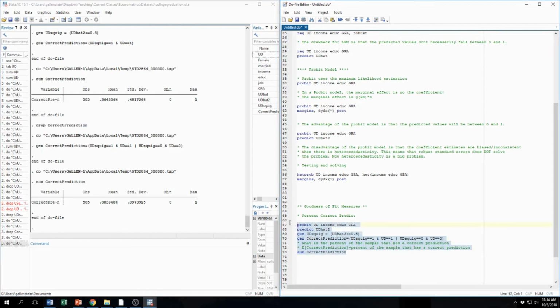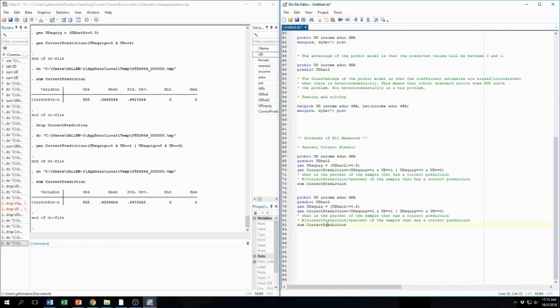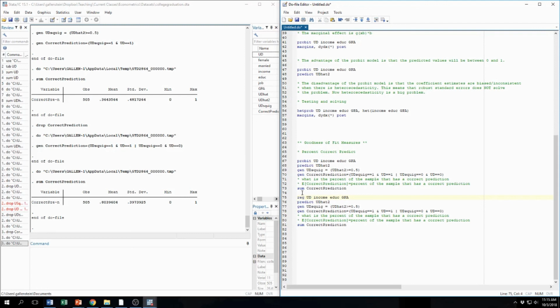We could repeat this all for the linear probability model and compare them. Let's do that for fun. All right, we're just going to repeat for the LPM, linear probability model. I'm just going to call this y hat 3, and I'm going to call this squig 2.